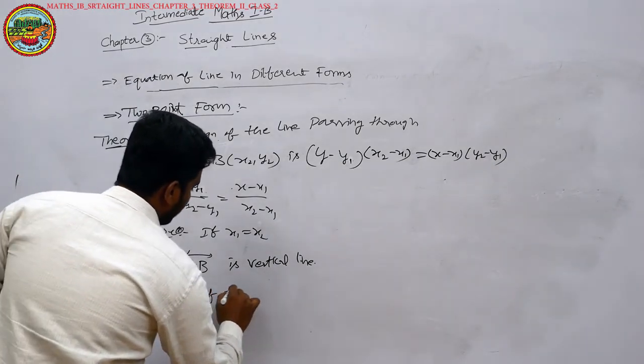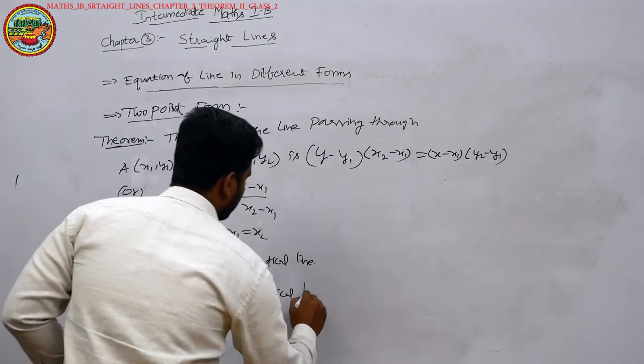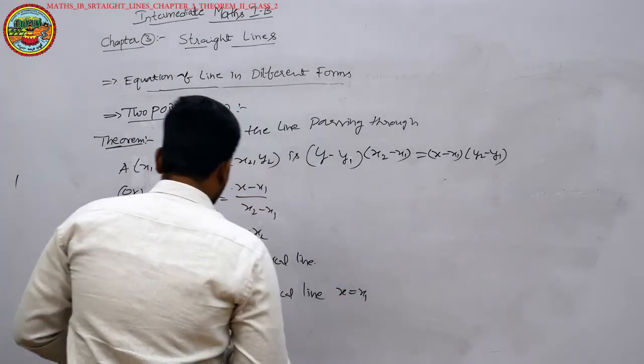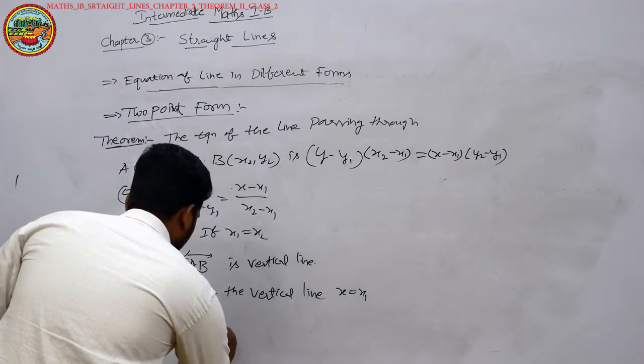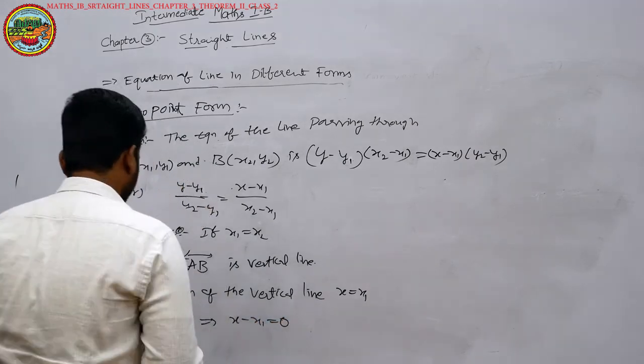The equation of the vertical line is given by x is equal to x1. Here, which means x minus x1 is equal to 0.